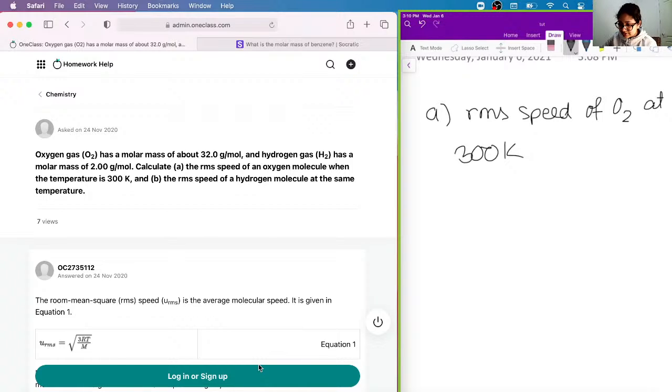There's a formula called u_rms, the root mean square speed.